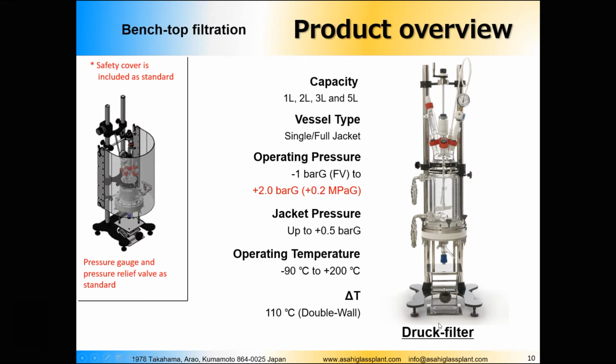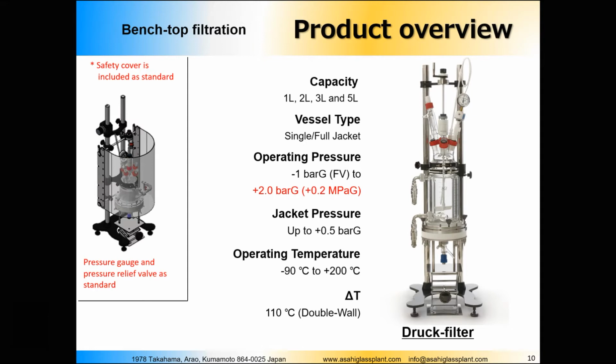The great advantage of the Druck filter from Asahi is that you can do the filtration under pressure. The maximum overpressure in this Druck filter is 2 bars, which means that by default you can create a pressure difference of 2 bars, which doesn't mean that you will get a 2 times higher filtration speed, because that again depends on a lot of different aspects like particle size, filter material, viscosity of the filtering media and of the slurry, and so on and so forth.